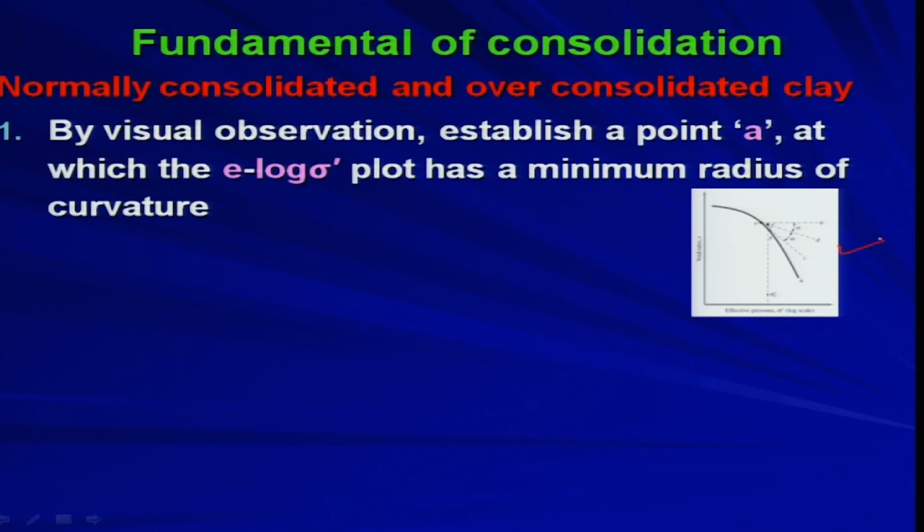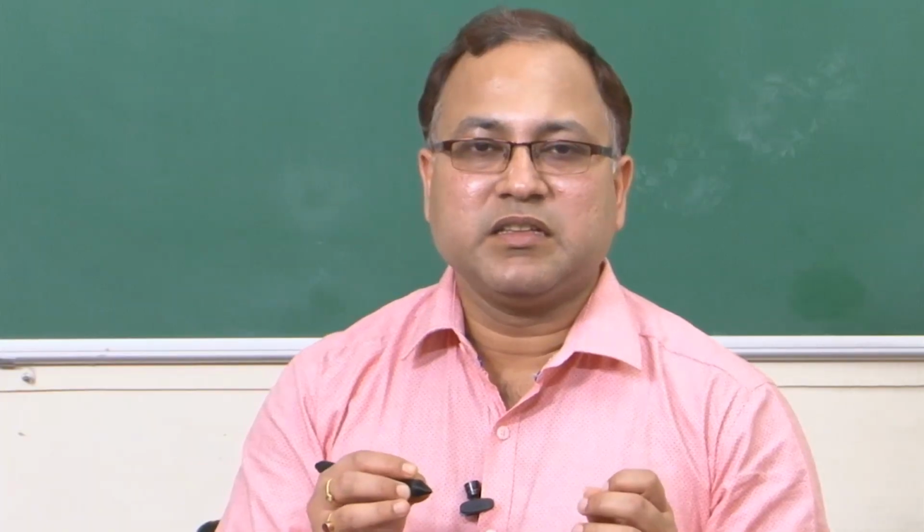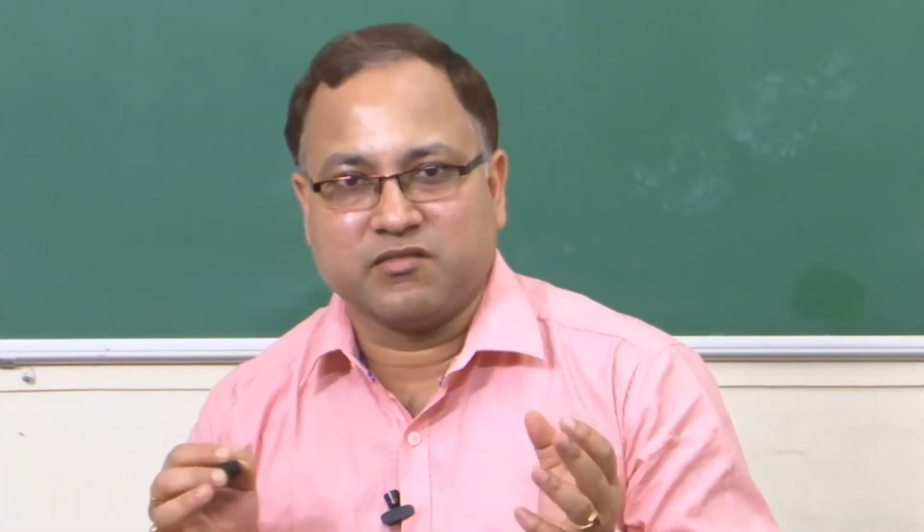The first step: by visual observation establish a point A at which the e-log sigma prime plot has a minimum radius of curvature. Because it is a visual observation, it is dependent on individual perception.